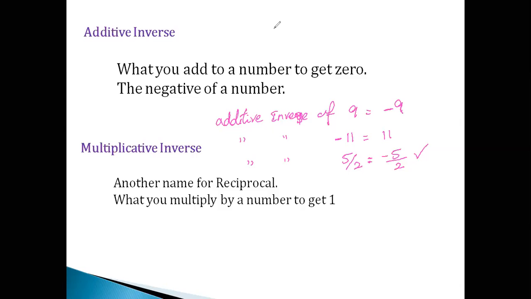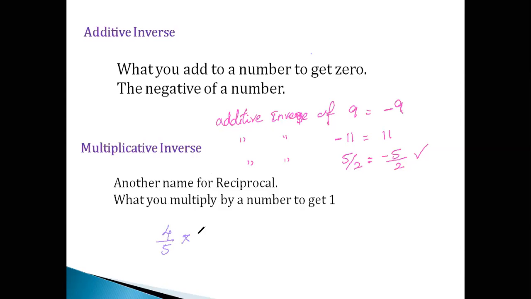And similarly, the multiplicative inverse is actually the reciprocal. So for example, 4 by 5, the multiplicative inverse of 4 by 5 is just its reciprocal.